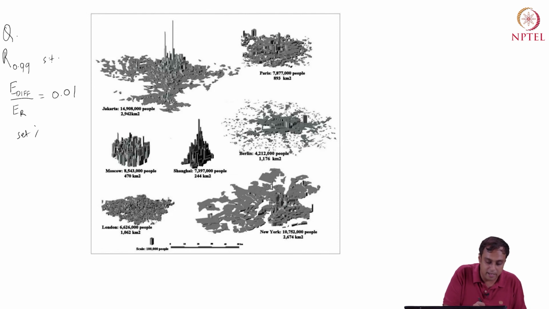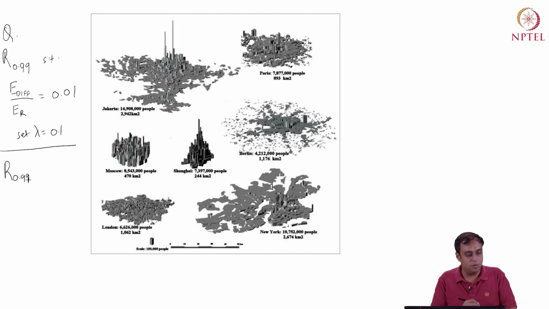You can set lambda equals 0.1, right? And you should figure out what R 0.99 is in the next 3 minutes.